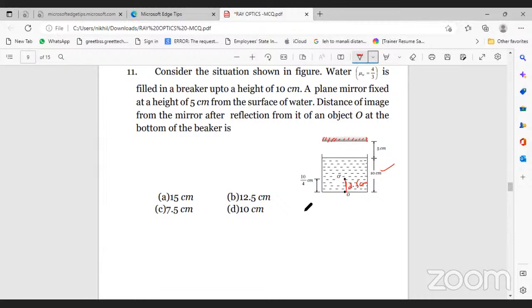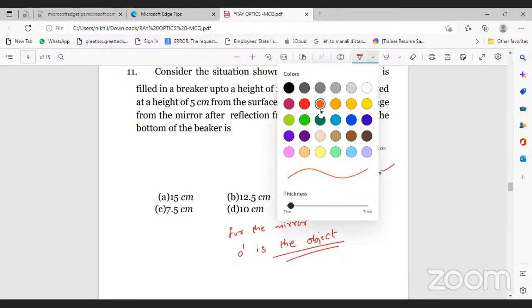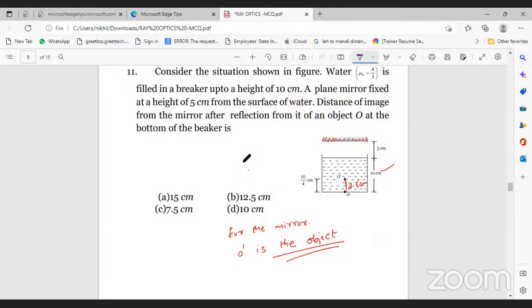So for the mirror, O dash is the object. For this plane mirror, the object is not O. Because of the normal shift, the object appears to be at O dash.